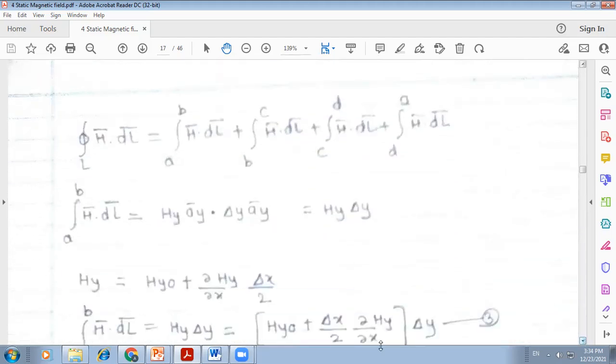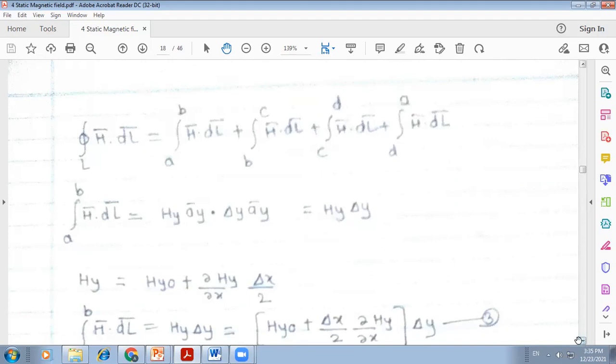So for path AB, h bar dot dl bar is equal to hy a bar y dot delta y a bar y, and remember here it is a dot product. So a bar y dot a bar y is equal to 1, right? The remaining quantity is only hy into delta y.